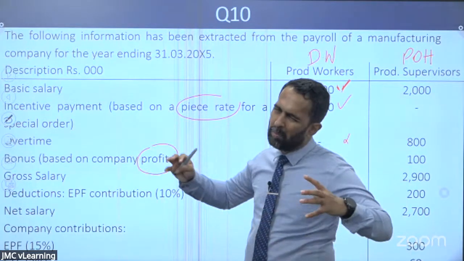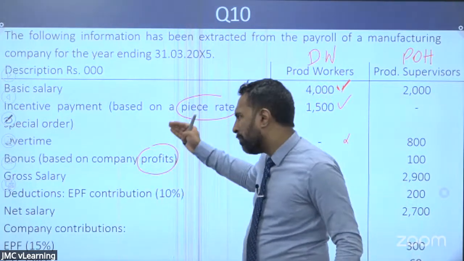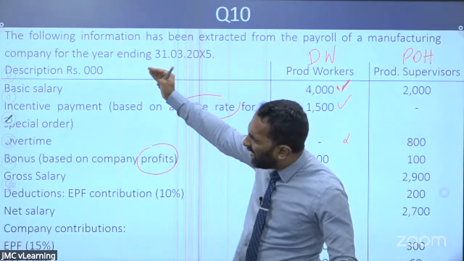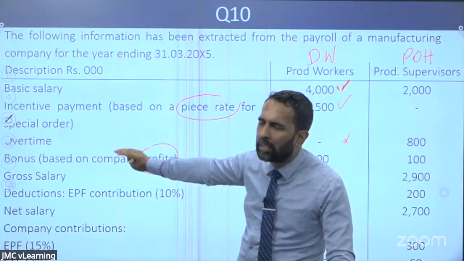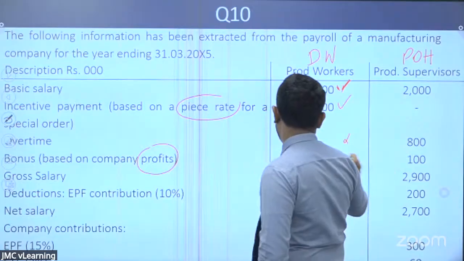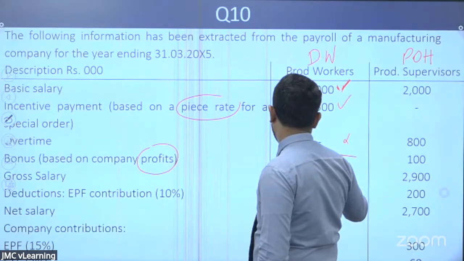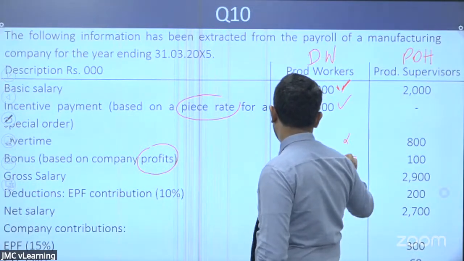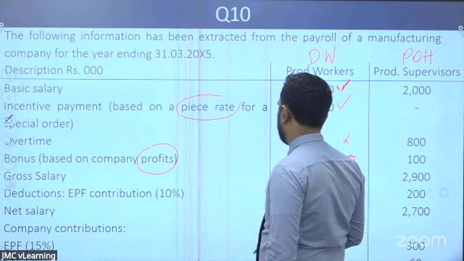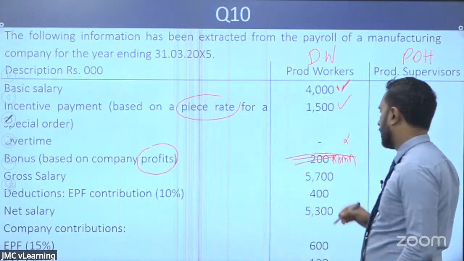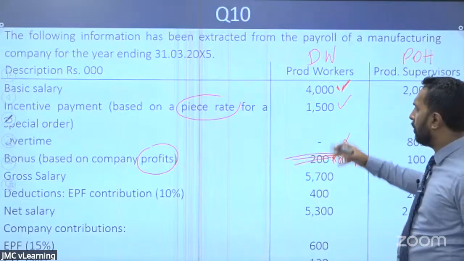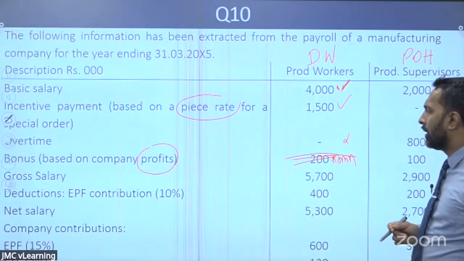It's not relevant to your production. You are not paying bonuses based on the number of items, it's based on the profit. Therefore, this is an admin expense. Gross salary. That is basically the total now. We have taken item by item.